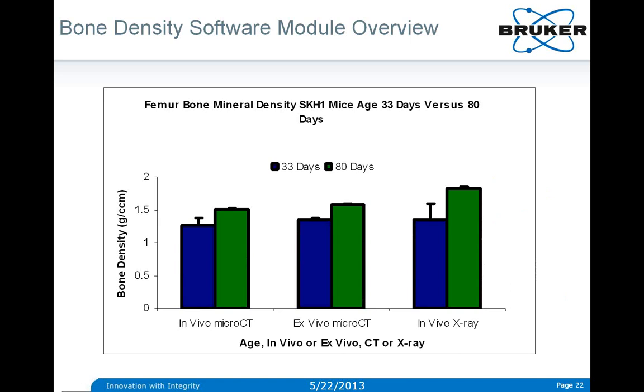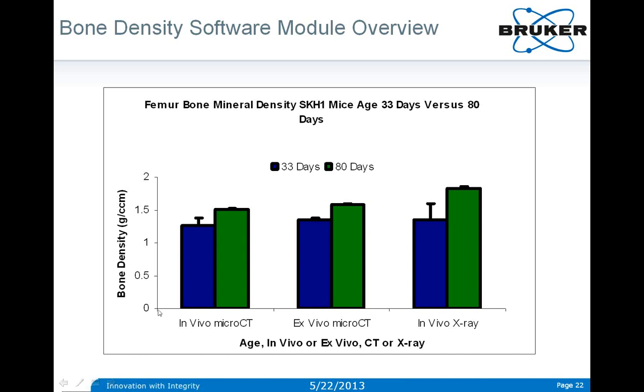Of course, we also wanted to make a comparison to an established technique. Knowing that mice of different age over early life have different bone density, we looked at mice at age 33 days versus 80 days, and compared this to micro-CT bone density measurements. On the left, we made bone density measurements using the Bruker Albira CT imaging system.